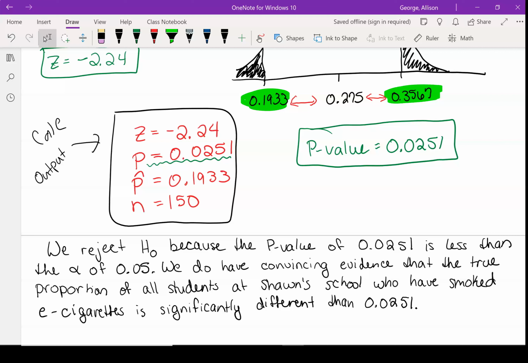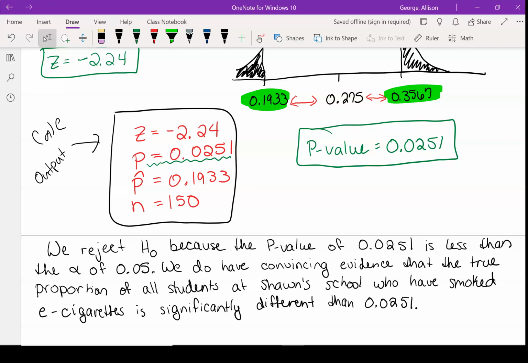So first, drawing the correct conclusion and comparing my p-value to the alpha. So we're rejecting the null hypothesis. That's the conclusion. We're rejecting the null hypothesis because our p-value of 0.025 is less than the alpha of 0.05. So you need to say that. You need to say that your p-value is smaller than your alpha. You need to include the numbers to back it up.